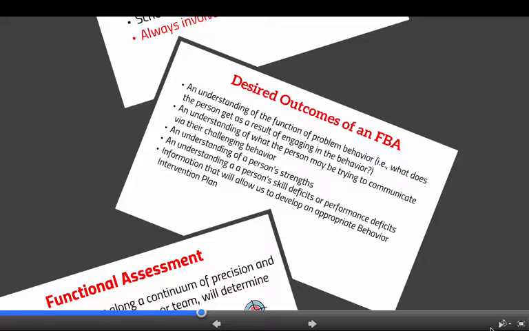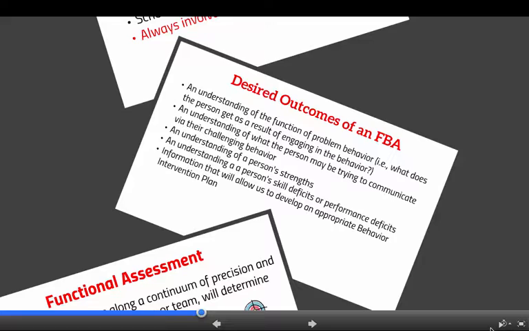Again, it's a solution to a problem. They can't communicate. They have no other way of getting through to individuals what it is that they want or need. So therefore, they resort and default to aberrant behavior, problem behavior, for the purpose of communication.